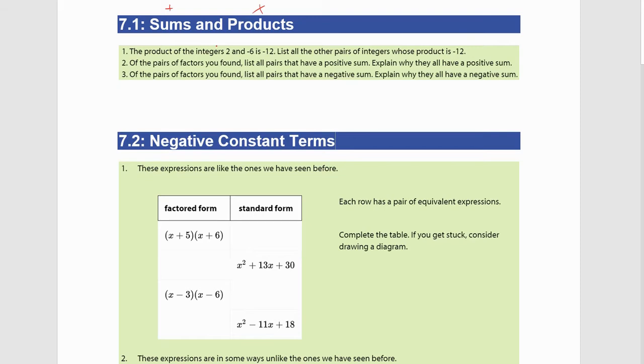They already did 2 and -6. Could we also do 1 times -12? What about -1 times +12? What about -3 times 4?